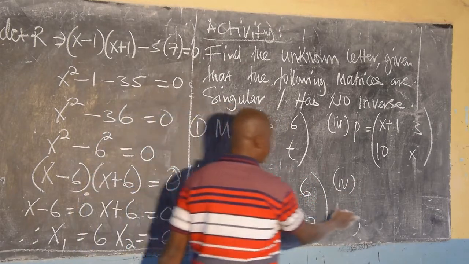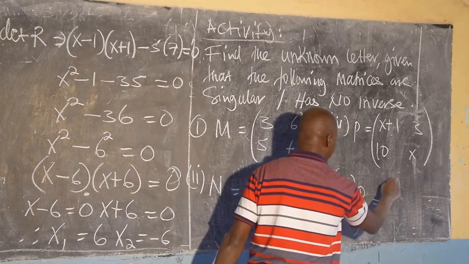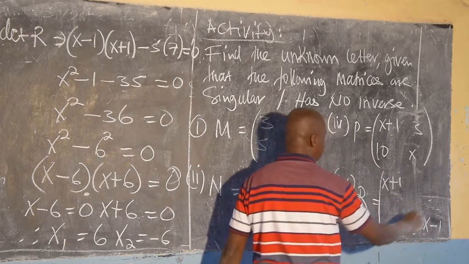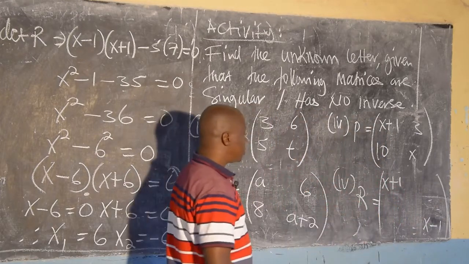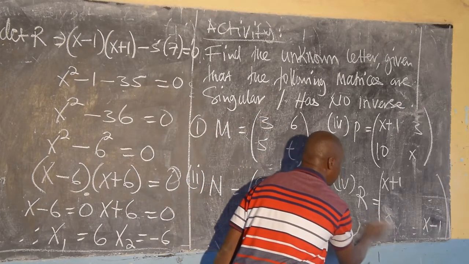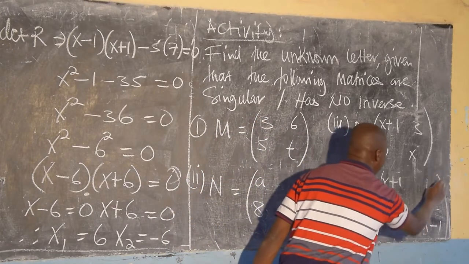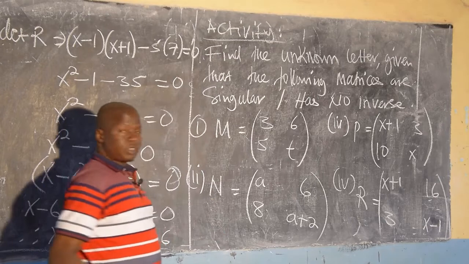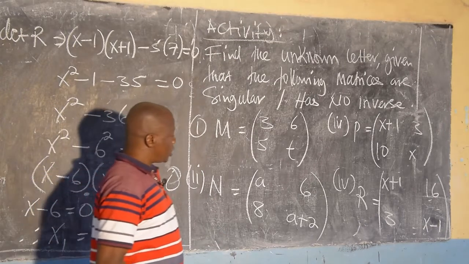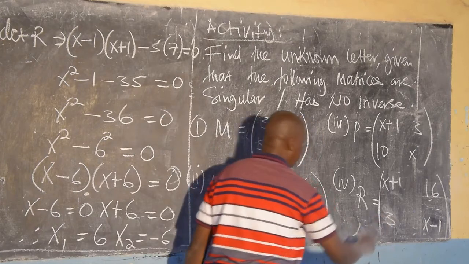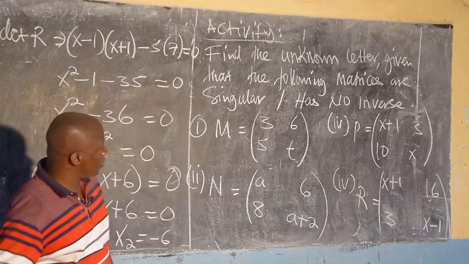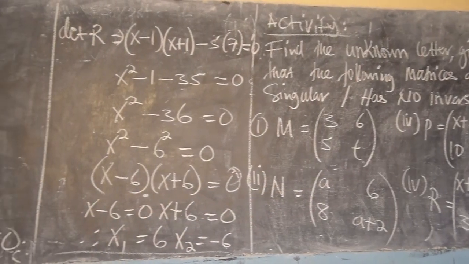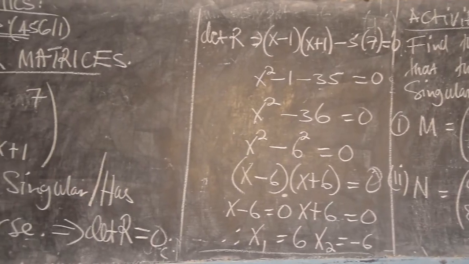Lastly, we have R: x plus 1, x minus 1, and also 8, 16. So I want you to try out that activity using the given example here. Follow this given example properly.